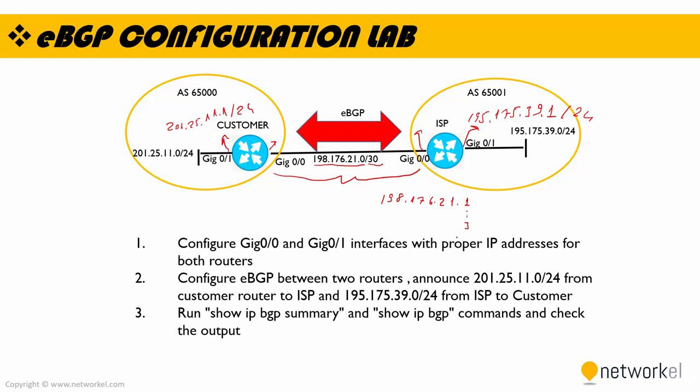The 4 will be the next network, and 3 will be the broadcast address, so I can use just 1 and 2. I'm gonna use the 1 for the customer, and I'm gonna use the 2 for the ISP side. Alright, let's go and configure the interfaces first.